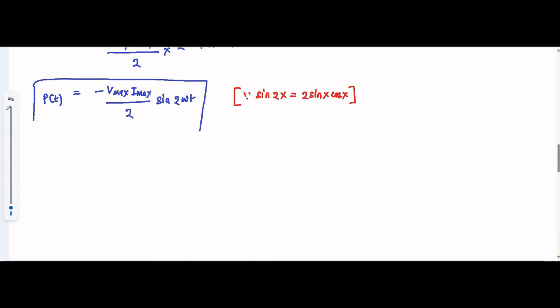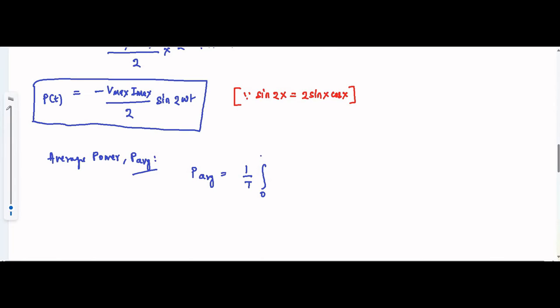Now we have to find out the average power over one cycle. P average is equal to 1 by T integral from 0 to T of instantaneous power Pt dt, over one complete cycle, over the entire time period.